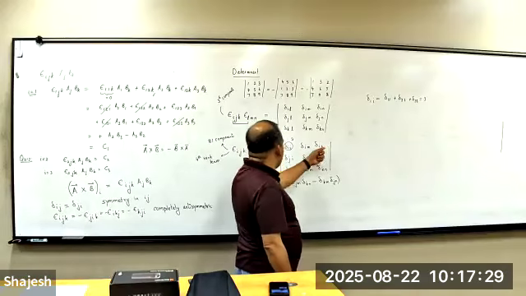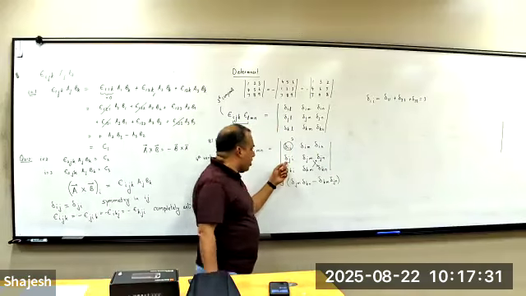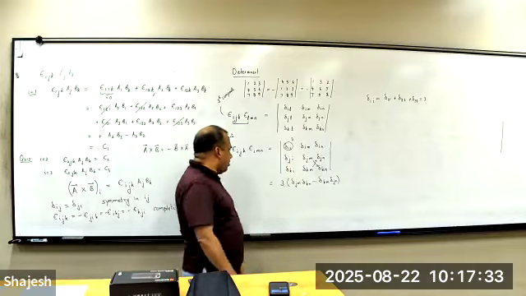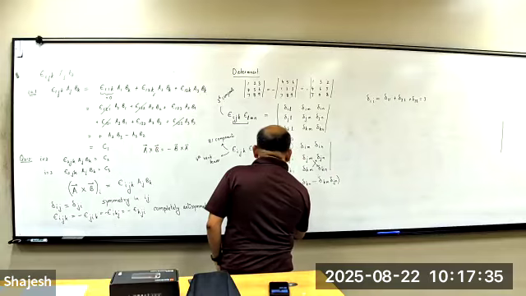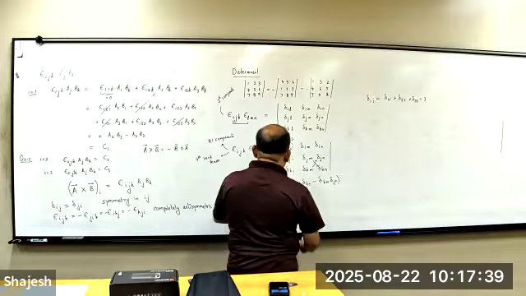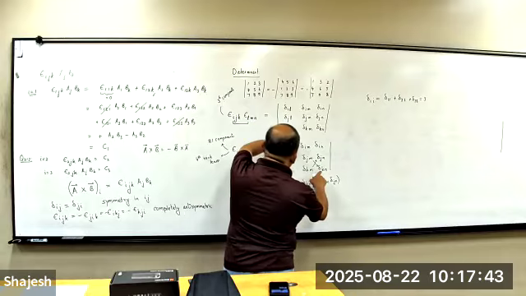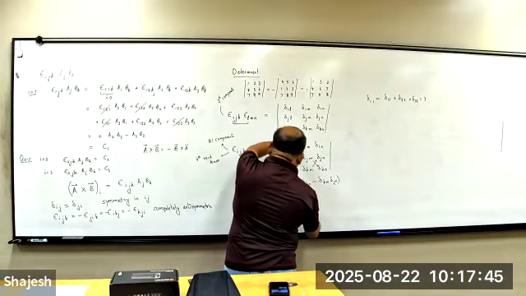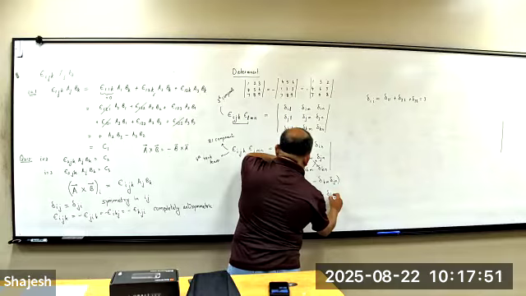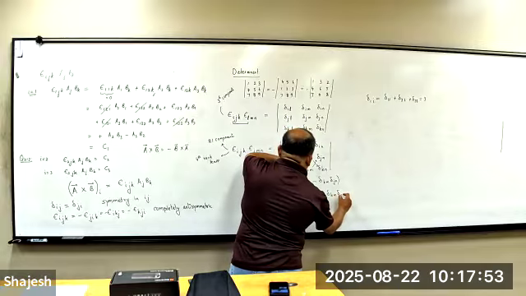Next, I can either go along the row or along the column. Let me go along the column. So I have minus. Just using the rule for a determinant this time, I have to multiply these two. So that's δIm δKn minus δKm δIn.